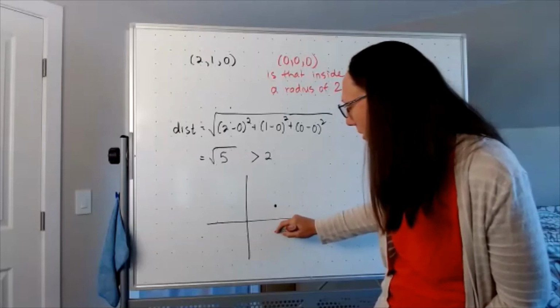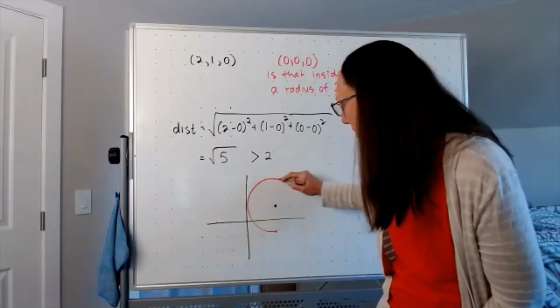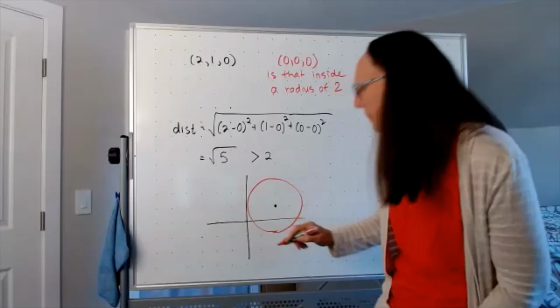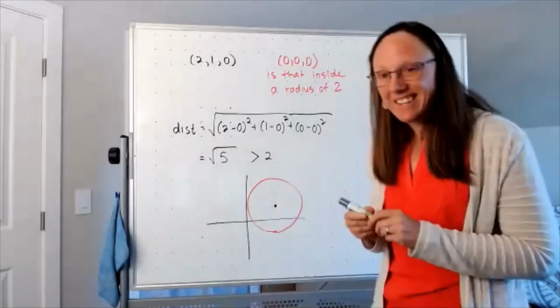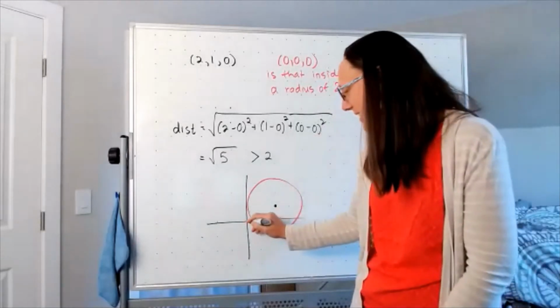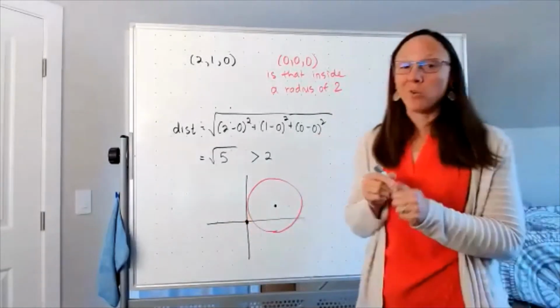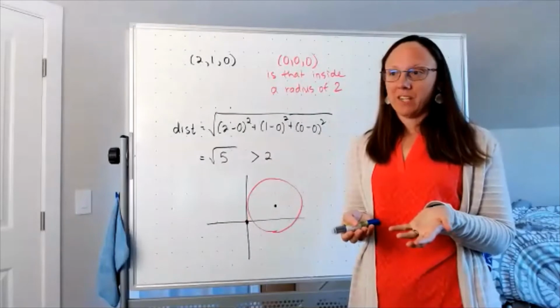I'm not great at drawing circles, but I'm going to give it my best. And visually, I think it's easier to see that 0, 0 is outside of that circle.